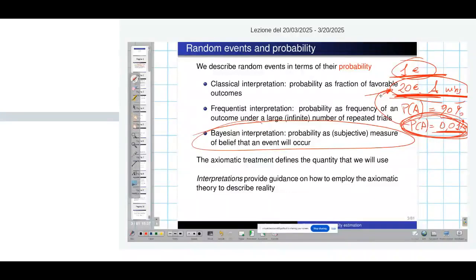Now, we will not need to exactly define this, of course, but we'll see that the way we represent probability will define the way we then apply the math definitions of probability to our problems. So the interpretation that we follow will guide us to choose how to represent our objects.